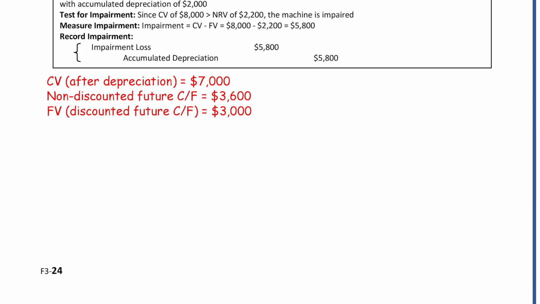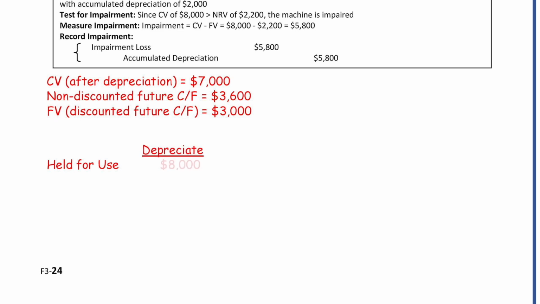So let's recap this on the bottom. We're going to be creating 3 columns, one for depreciate, test and measure, and right there, held for use. So when the asset is held for use, we do depreciate.